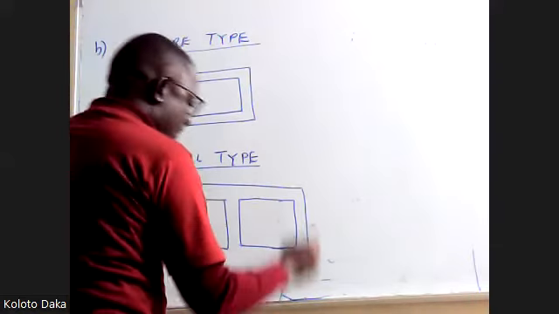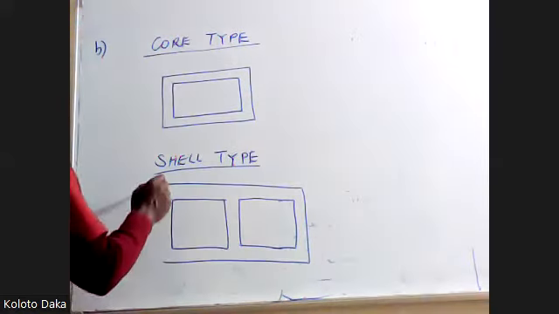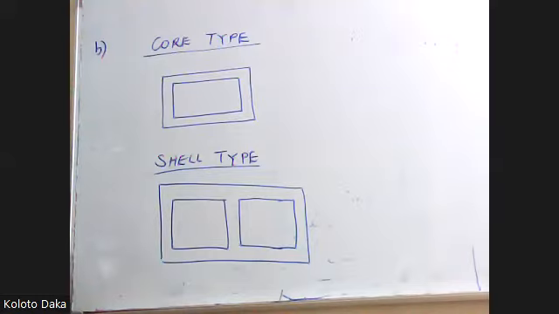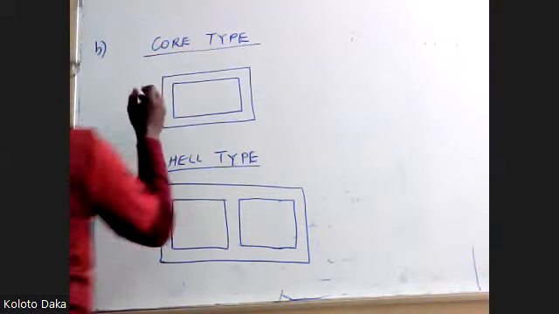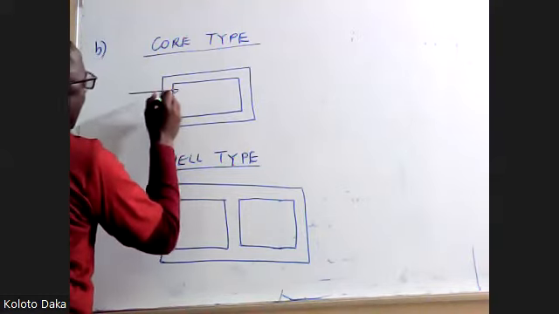So, to easily remember, shell type, 2 windows. Core type, 1 window. So we are going to have a coil here.